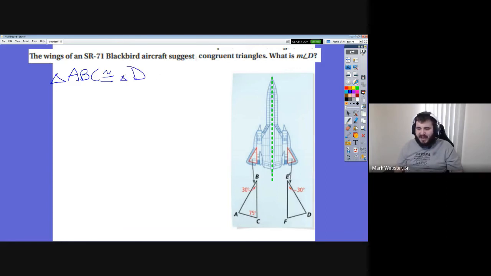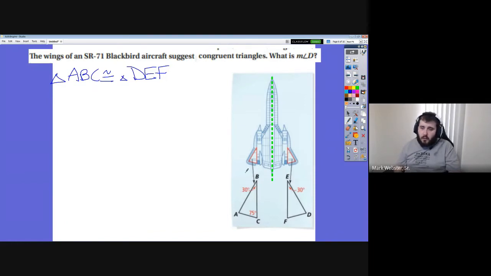B lines up with E. And C lines up with F. Now, a lot of the ones here so far have been, the letters are in alphabetical order. It doesn't have to be. I could have started with any letter I wanted. And as long as A matched with D, C matched with F, and B matched with E, I know I'm okay.